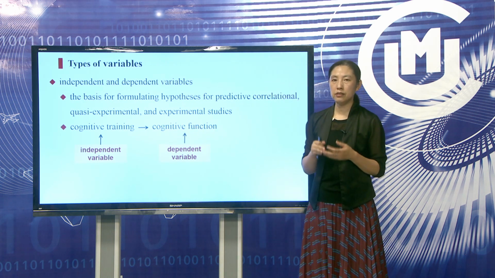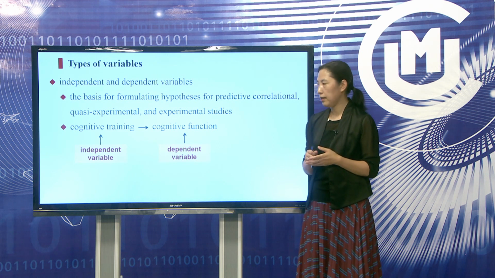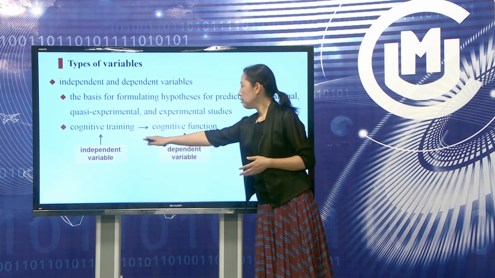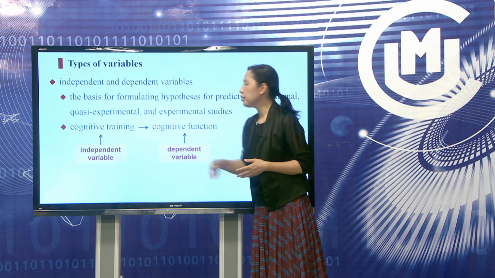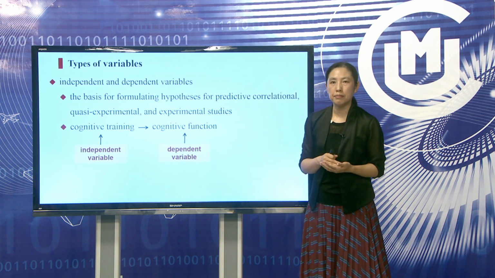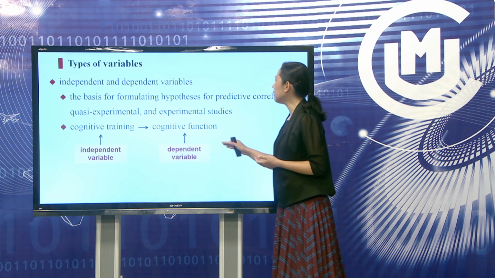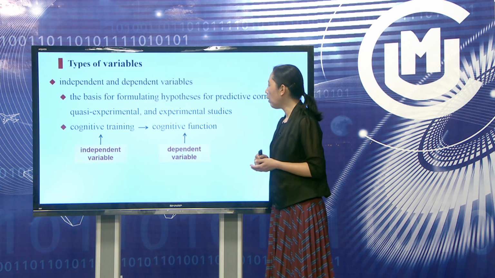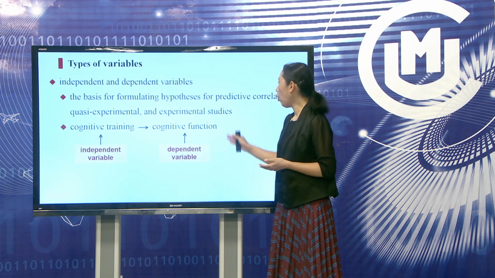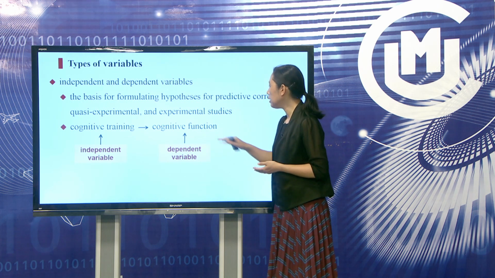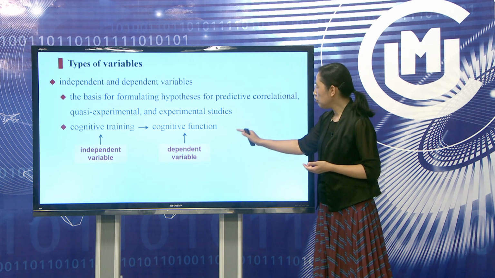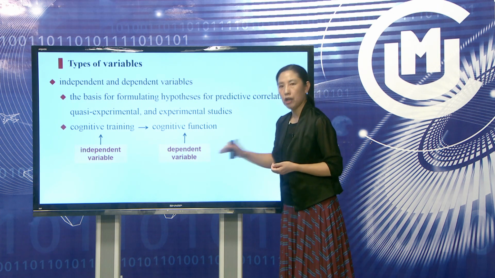In this study, the independent variable is cognitive training. This is the treatment, the nursing intervention. Then we look at if this intervention can cause a change in cognitive function. Cognitive function is the dependent variable.